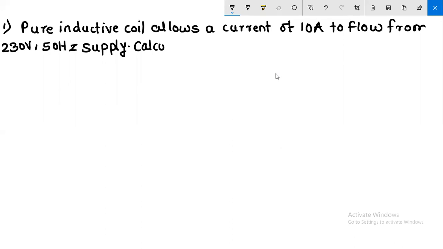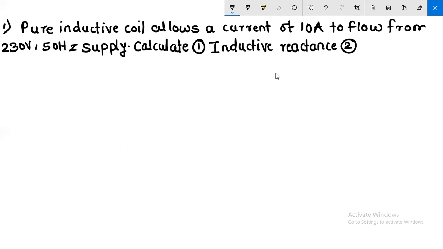Calculate, first, inductive reactance. Second, inductance.